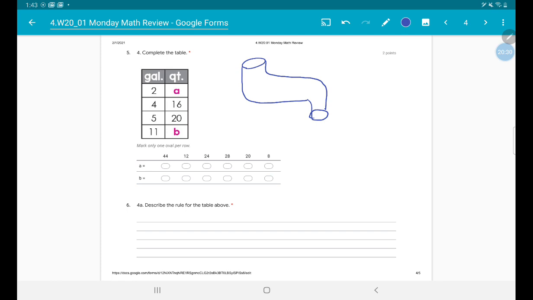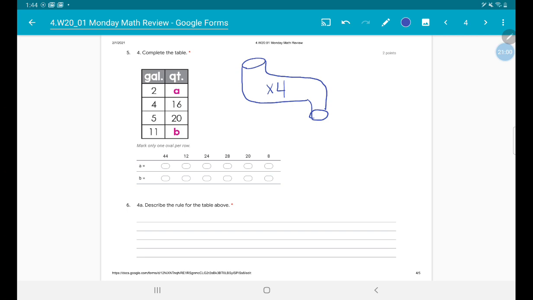If I put in 4, what happens that I would get out 16? You do it 4 times. So multiply by 4. Okay, let's see if that works for 5. 5 times 4 is 20. So does that work? Yeah.